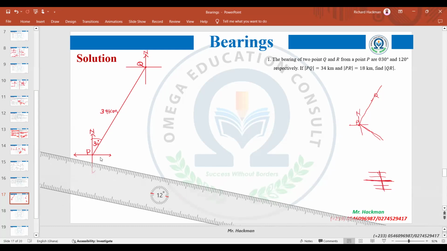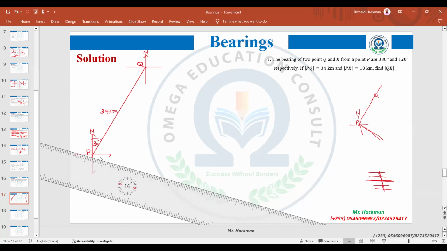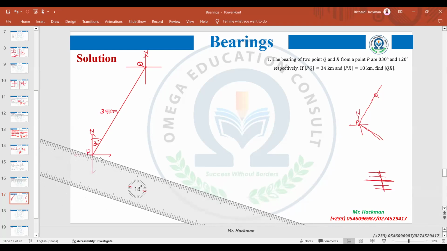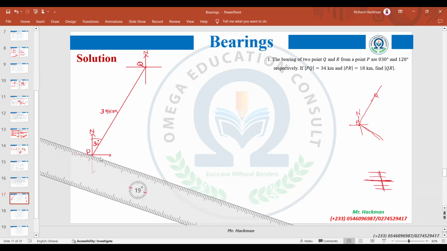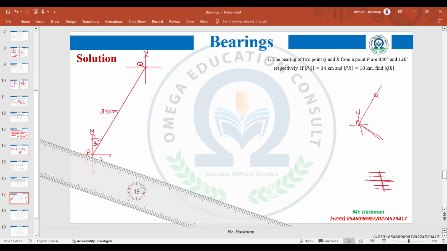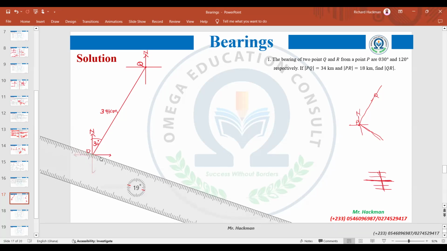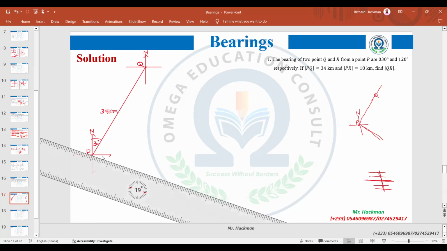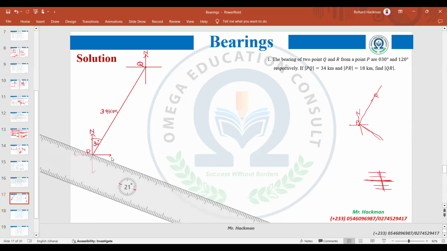Yes. 30 degrees from here to here. Will the line be closer to the east or to the south? Will it be closer to this line or this line? Obviously, this line. So we have to make sure it reflects so.